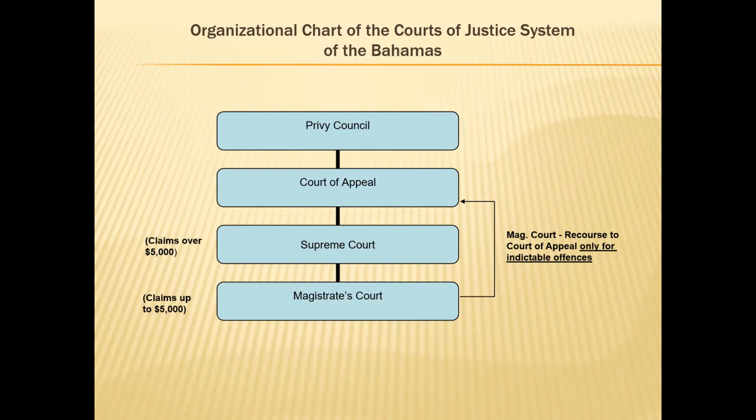Indictable offenses would be stealing, murder, rape, those types of things. But anything to do with finances, owing banks or financial institutions money, cannot be appealed to the Court of Appeal. The Supreme Court is where you can appeal financial cases as well as indictable offenses.